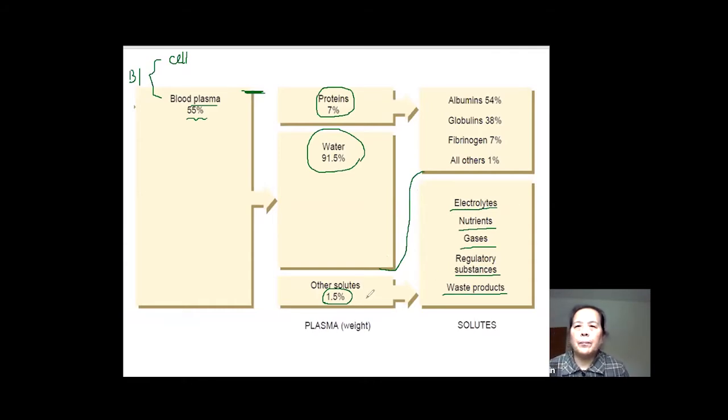Mainly the part is water, and then 7% is protein. We have different kinds of protein.